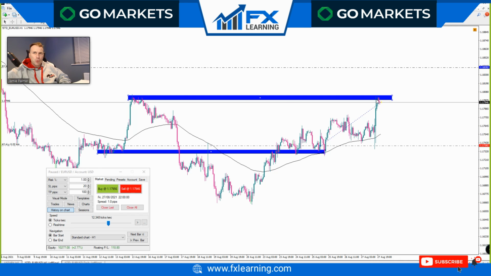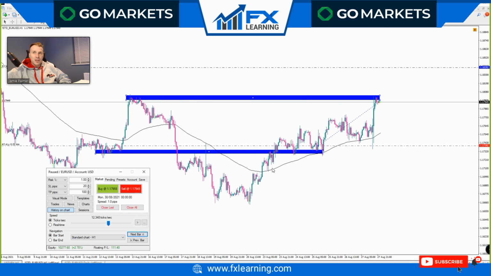Now, obviously we might pull down from here because we've got a resistance. Going back to what I said about selling orders and buy orders, where are they going to happen? I know a lot of people are going to try and sell here because of previous structure.